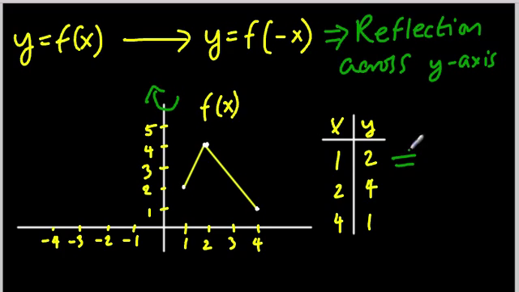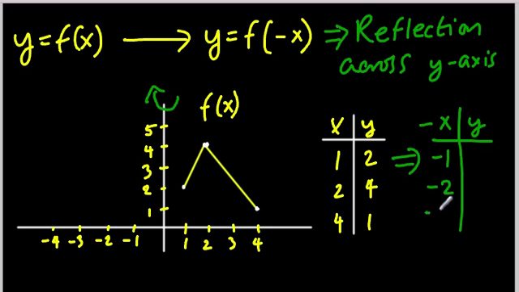So what will the new xy plot look like? Since the x's are becoming negative, this will become -x, but the outputs, the y's, stay intact. So all of these x's will become negative: -1, -2, -4. Whereas the y's, 2, 4, 1, stay the same.